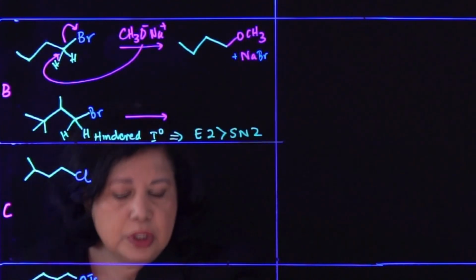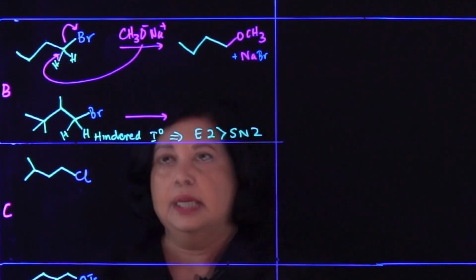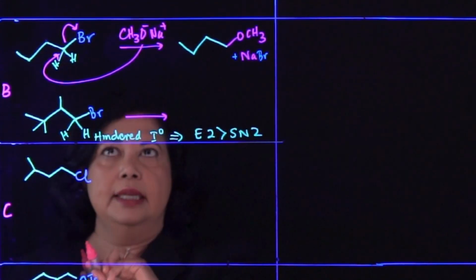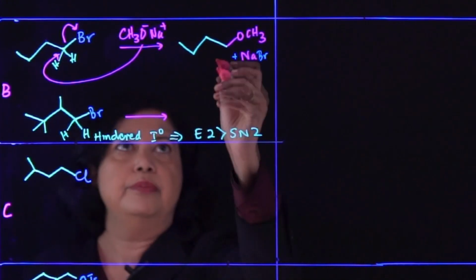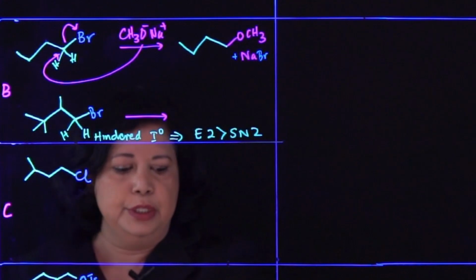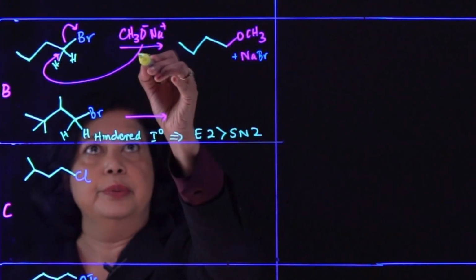That is something you need to check because it could vary, but this is a possibility. However, if you had an unhindered primary, then you would mainly have SN2. We don't really have to worry about E2.